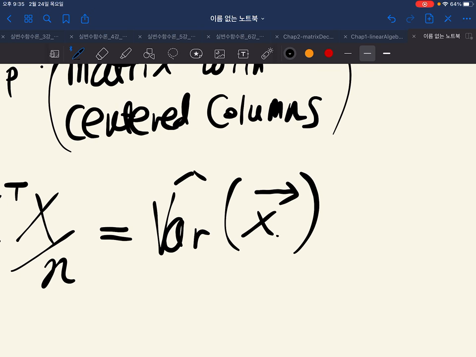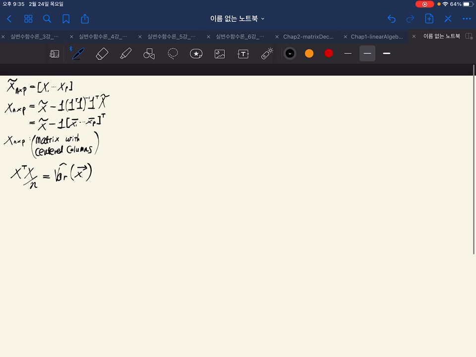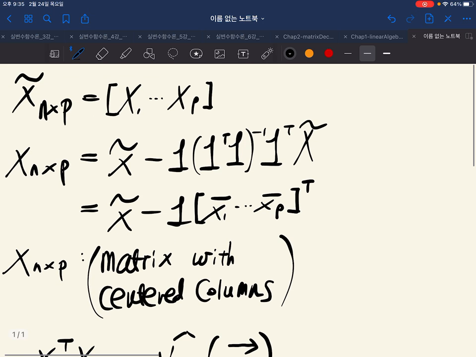So as you can see from above, there are P explanatory variables.